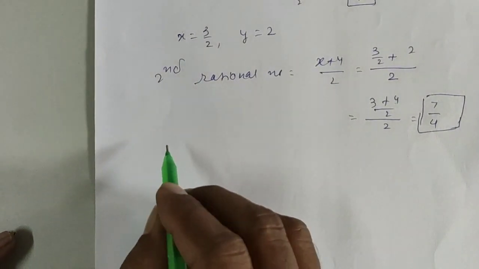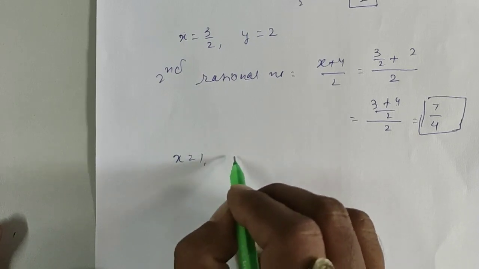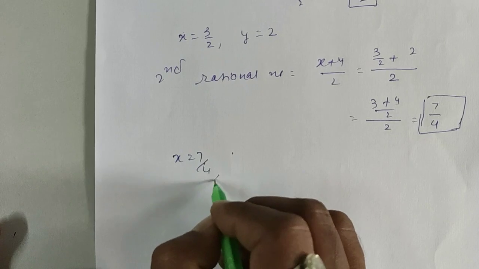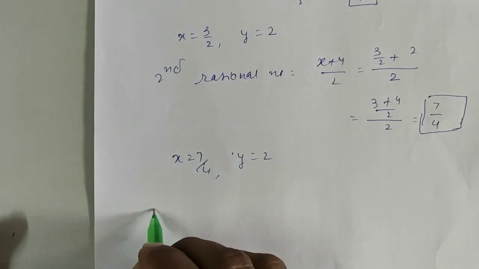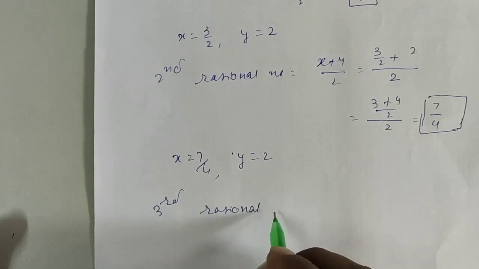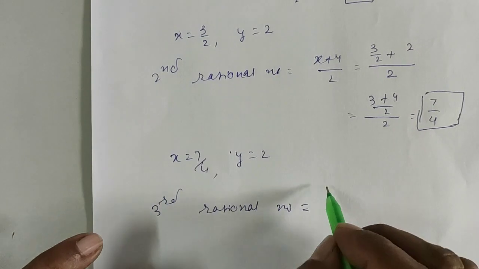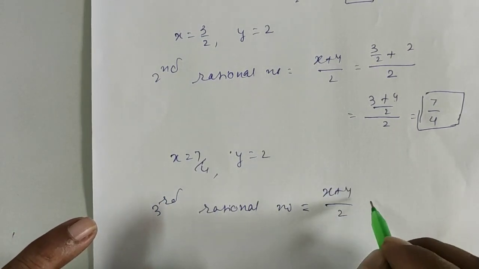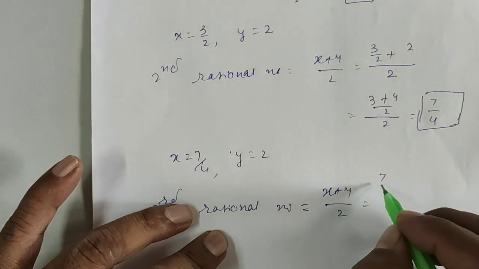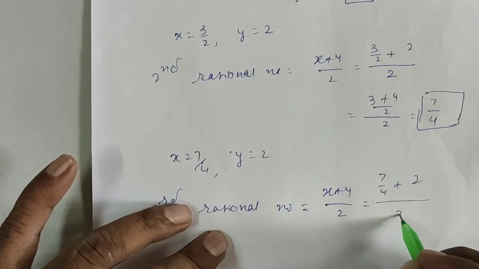Third, let x equal 7 upon 4 and y equal 2. Again write down the formula, (x plus y) upon 2. Replacing the values, 7 upon 4 plus 2, the whole divided by 2.